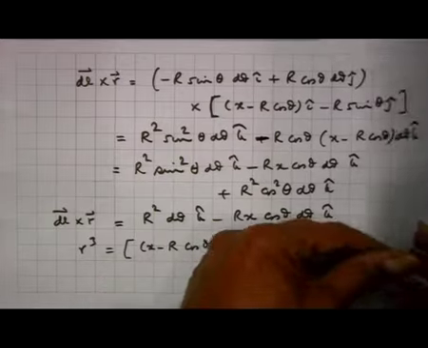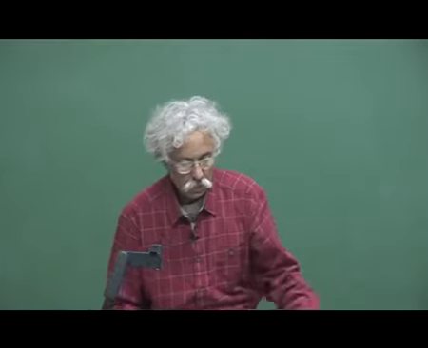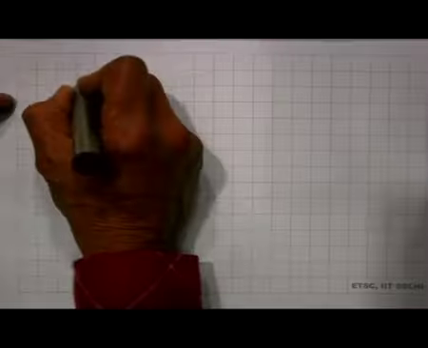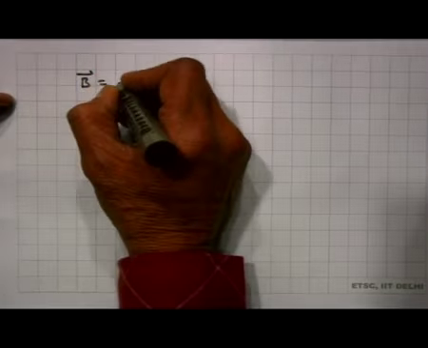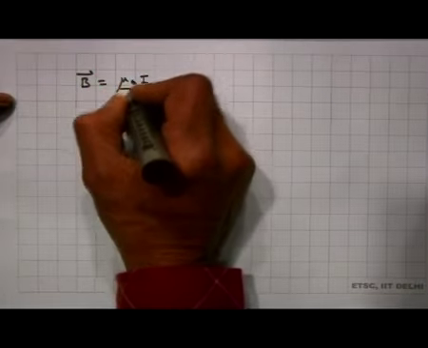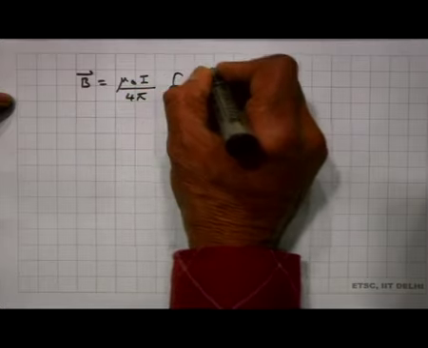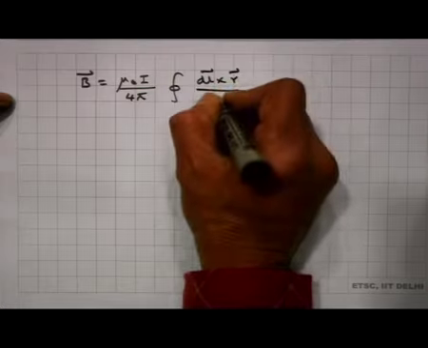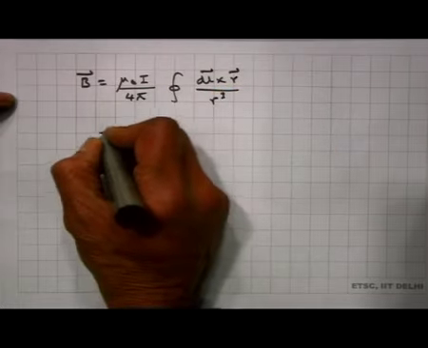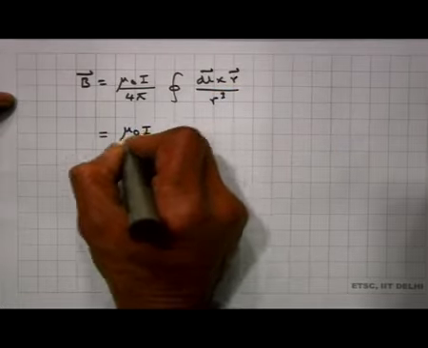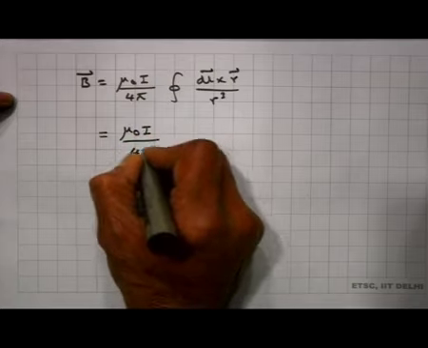Let me substitute both of them into the Biot-Savart law to get the magnetic field. B is equal to, remember the Biot-Savart law, mu 0 I by 4 pi integral of dl cross r by r cube, which is equal to mu naught I by 4 pi.